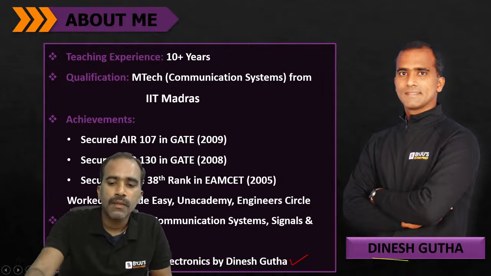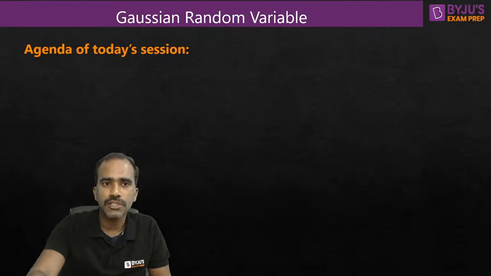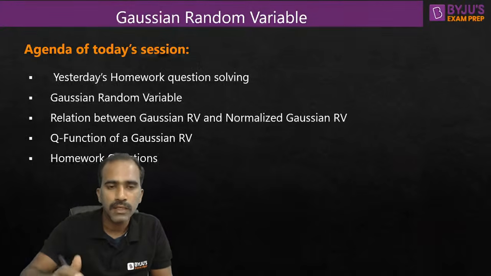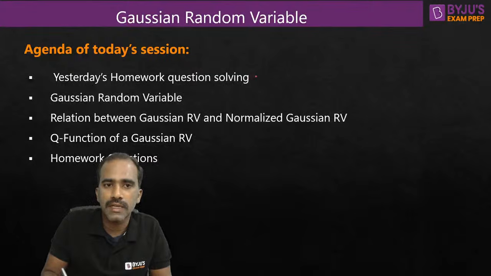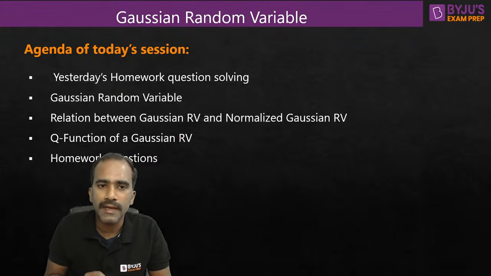Next, let's get into the topic of Gaussian random variable. What is the agenda of today's session? We'll first quickly discuss the questions that I gave you as homework in yesterday's session. Next, I'll talk about what exactly is this Gaussian random variable, what is the equation of it, and how does it look, and there are many important details that we need to know about Gaussian random variables.